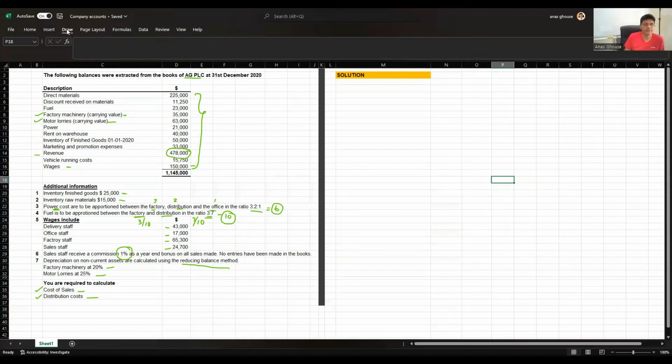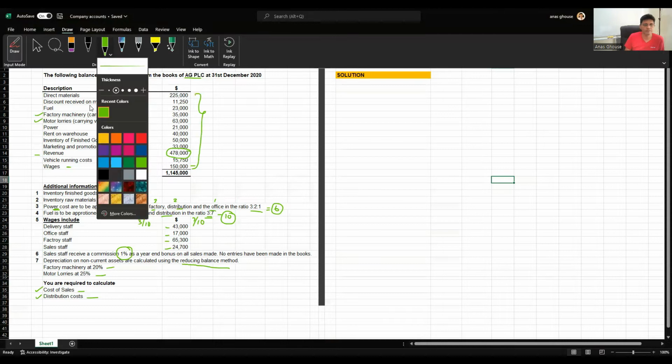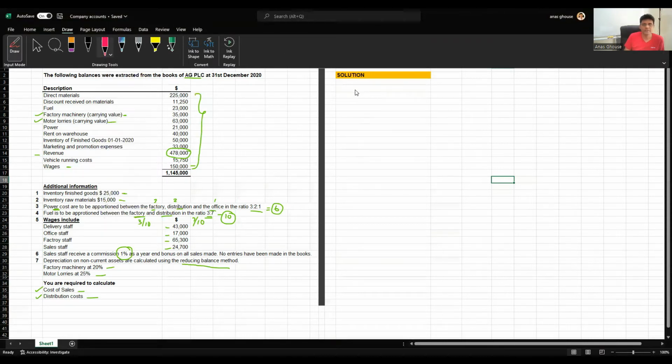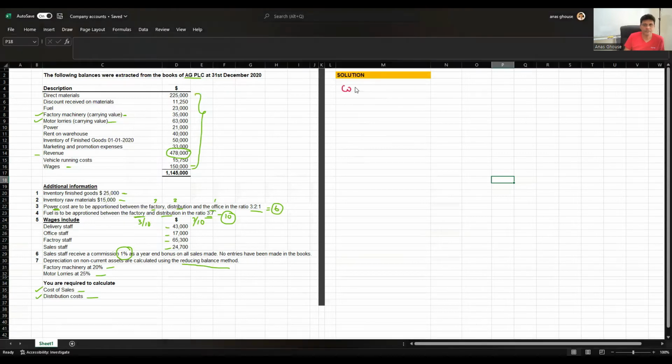Now, first of all, we'll start with cost of sales. First of all we'll take direct materials. This should go to cost of sales.